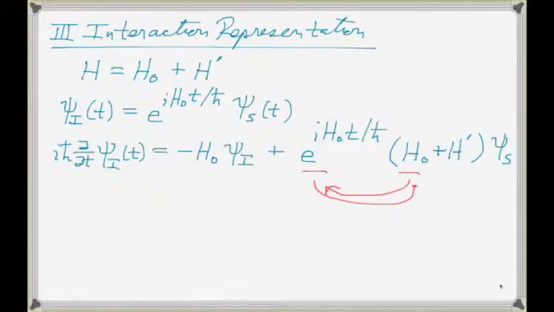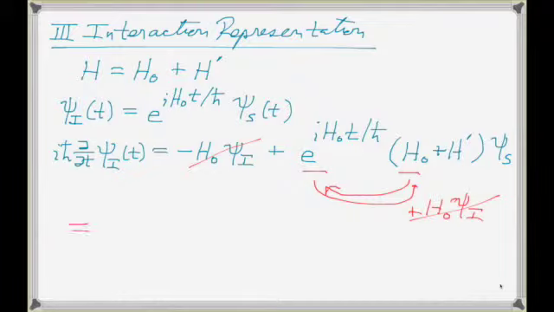And then I just have H0 psi I. That H0 term just gives me H0 acting on psi I with a positive sign, and I have a negative sign over here, so those terms cancel. And so what I'm left with is just that other term with the H prime in it.